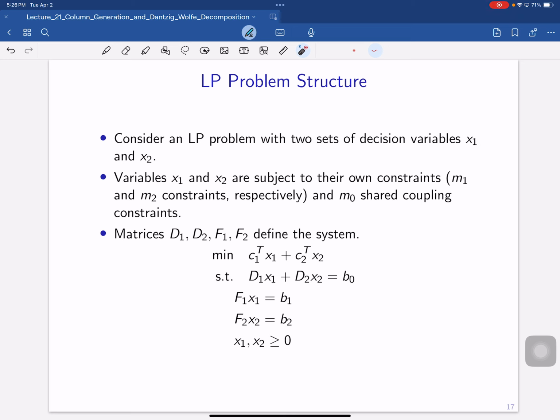And the second set of constraints only involves x1 variables. And the third only involves x2 variables. Right? It is an LP with a special structure. So typically people call this type of linear programming problem a problem with so-called complicating constraints.